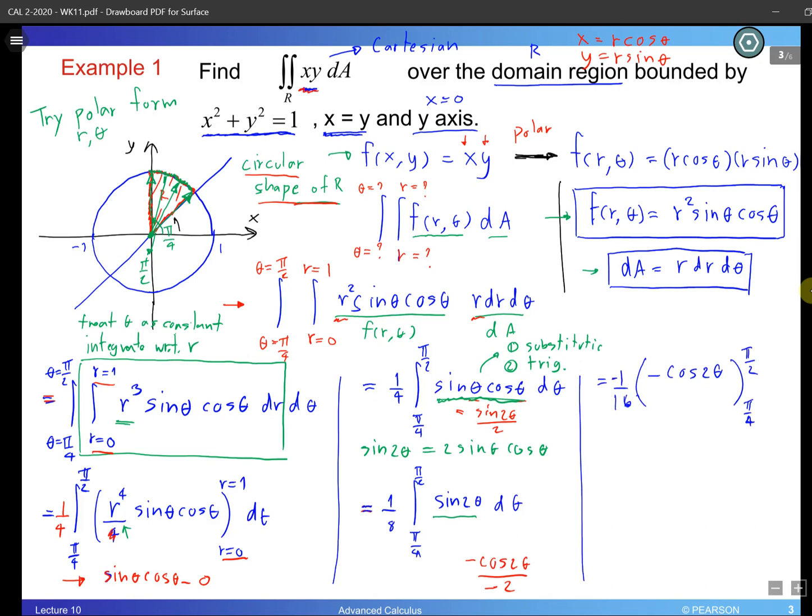So in the end I have minus 1 over 16. Pi over 2 goes in, I get cosine of pi, minus cosine of pi over 4 times 2, which is pi over 2. So this is equal to minus 1 over 16 times cosine of pi minus cosine of pi over 2, and that's 0. So in the end I have 1 over 16 as the answer for this problem.